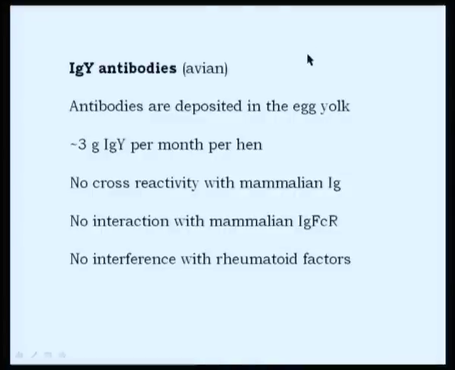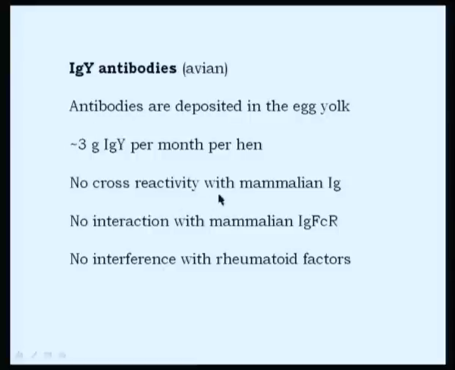Now, why IgY antibodies, which are from the avian system, are important is because they can be used much in diagnostics. Also, immunoglobulins made by birds are deposited in the egg yolk, and therefore, it is much easier to purify antibodies from the egg yolk rather than from the serum, because of the presence of a large amount of albumin.